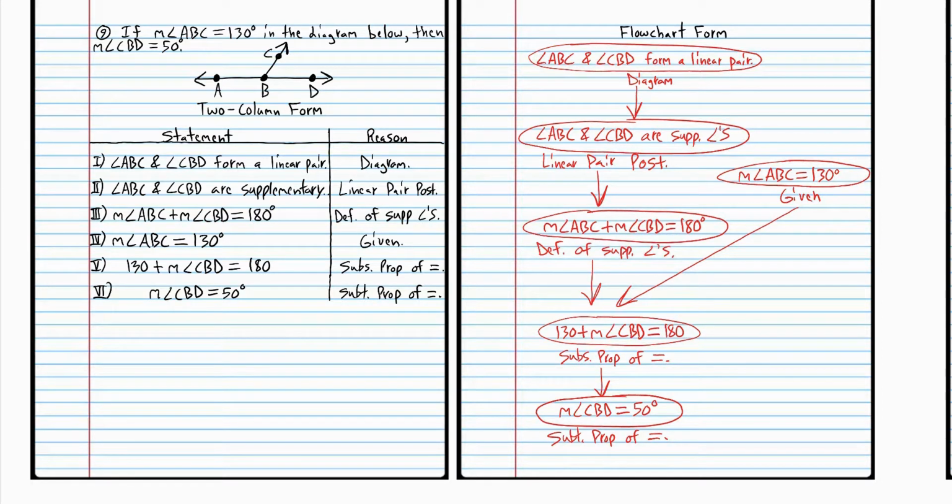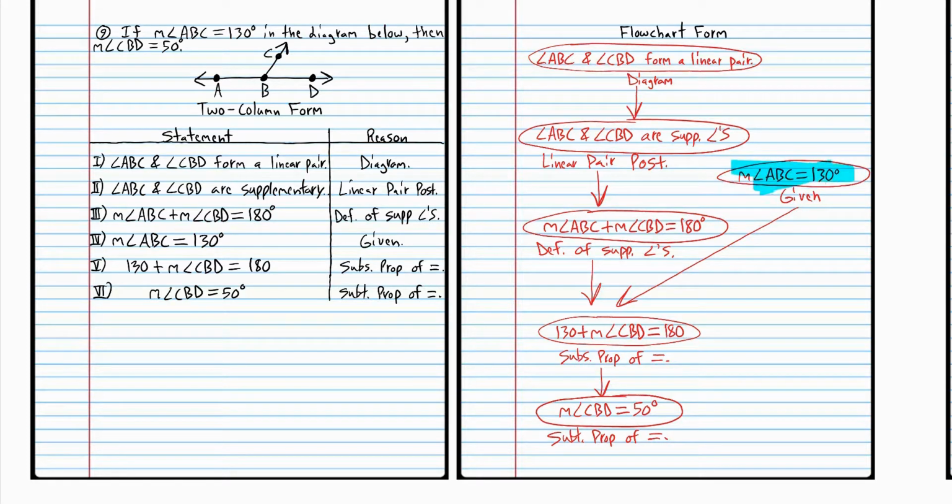Then we use this information and the fact that one of the angles is 130 to plug 130 into that equation. Now, this is information that doesn't really follow from anything. We're just given it, so that's why we start with a different branch here.